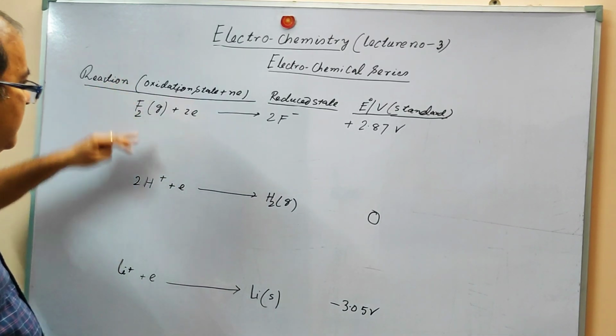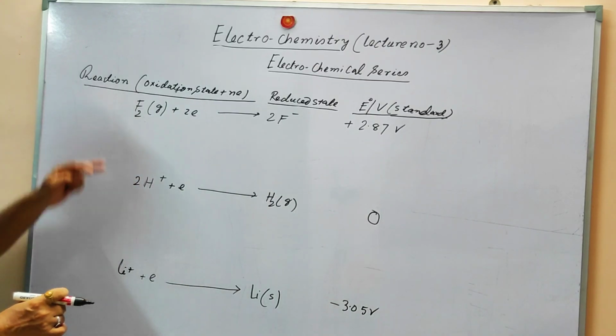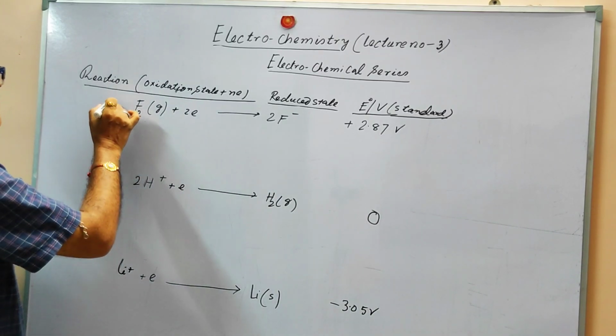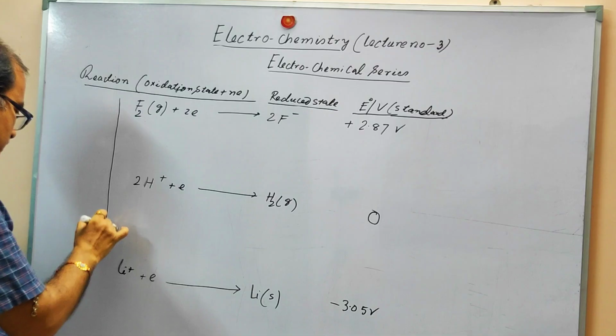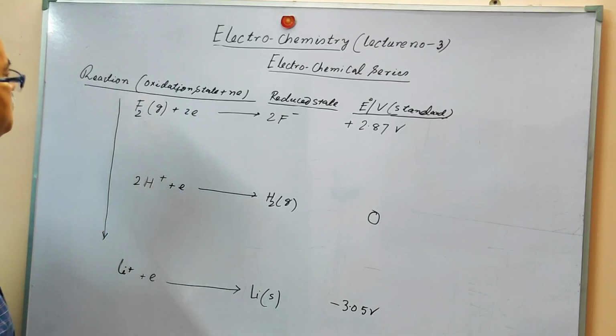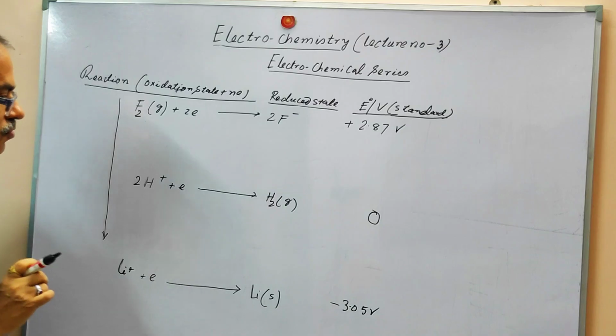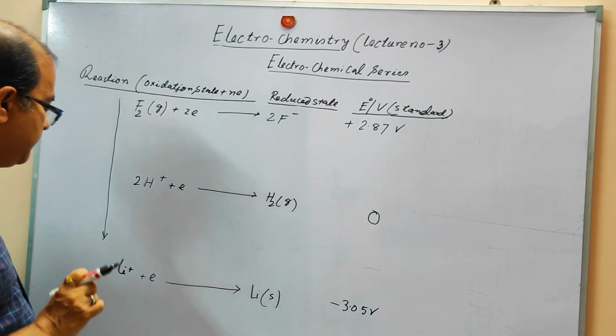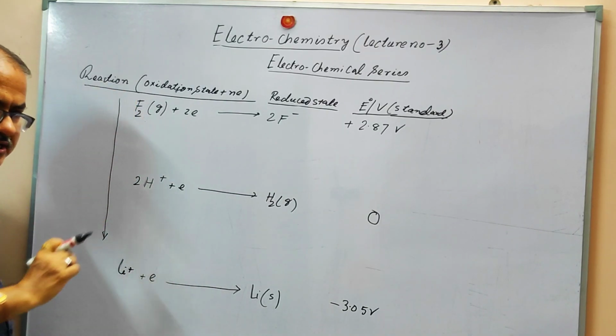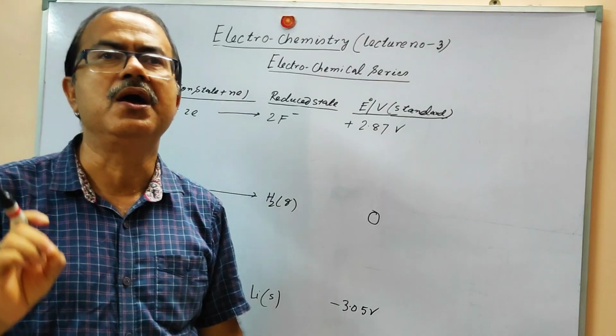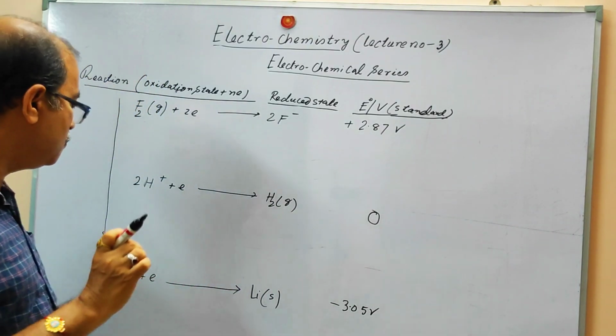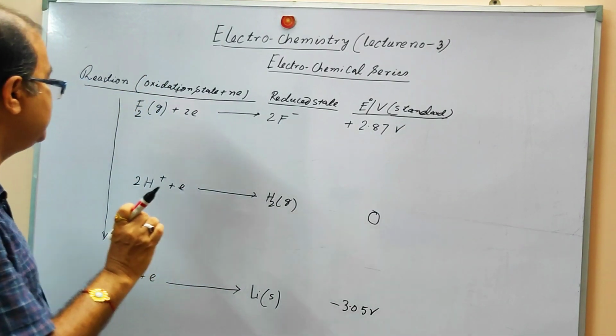Here you can see, as we go from the top to the bottom of this series, what we find is that the oxidizing power of the element goes on decreasing.